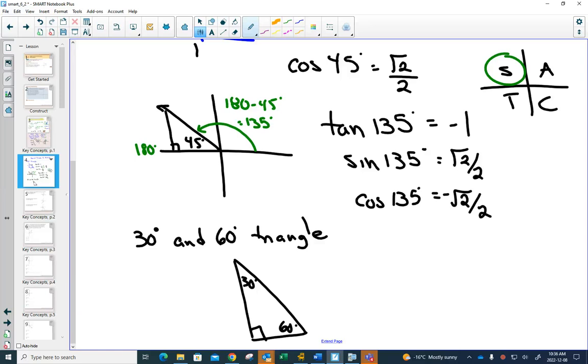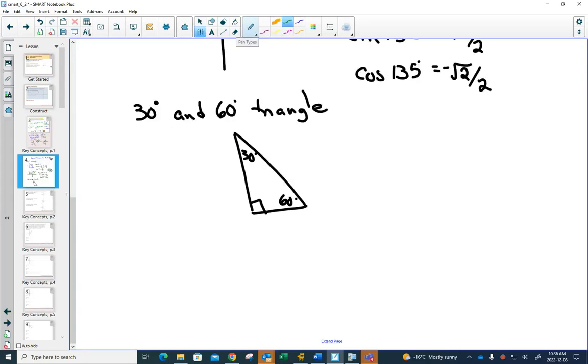Can you see that if you duplicated this on the other side with 60 degrees here and 30 degrees here, the whole thing, the big triangle with both of them together, would have 3 angles of 60 degrees. If you had three angles of 60 degrees, what kind of triangle is that? Remember the name?